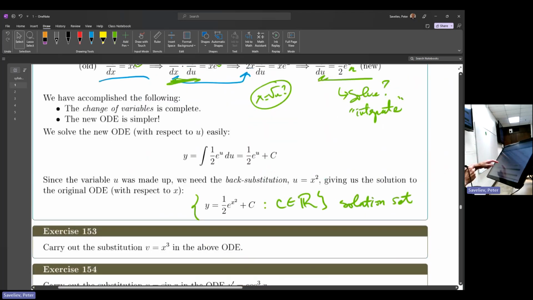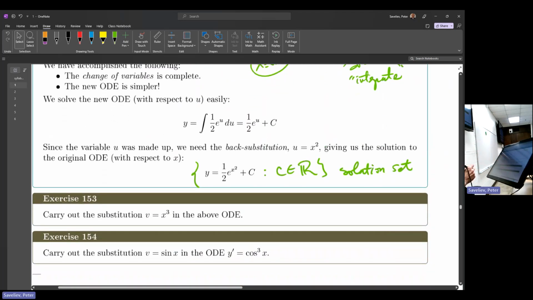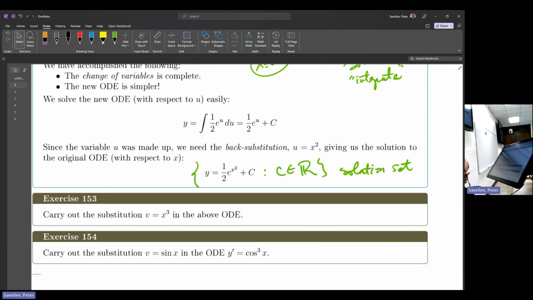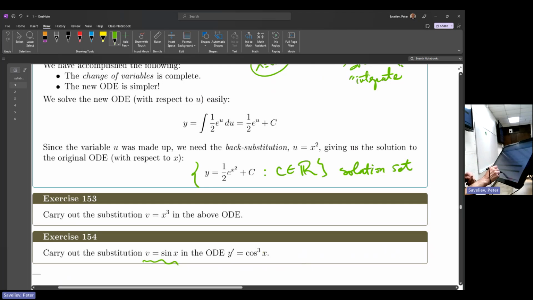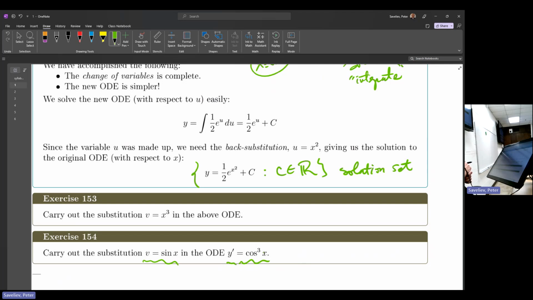Once again, same story as with integrals. Your substitution may be unwise, and it will not simplify things, so be prepared for it. But whether the substitution is correct or not, if you are supplied with the substitution, you should be able to carry it out all the way through.